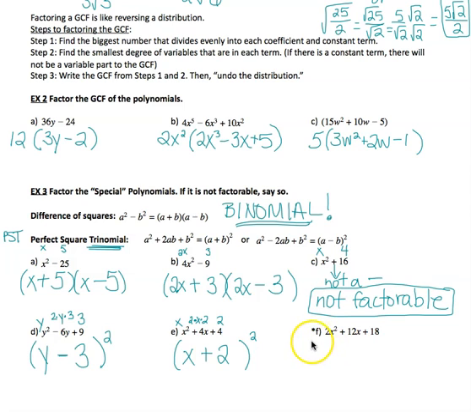All right, this last example here has an asterisk because, even when we're looking for special polynomials, factoring has kind of its own order of operations, and the first step of factoring is always GCF.